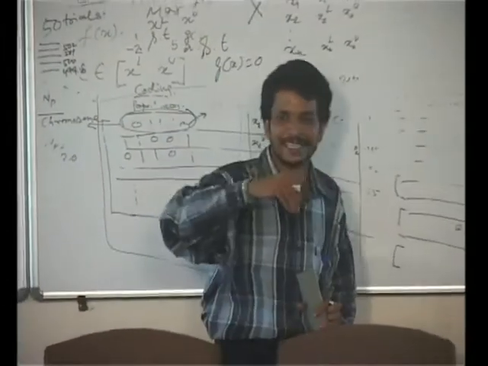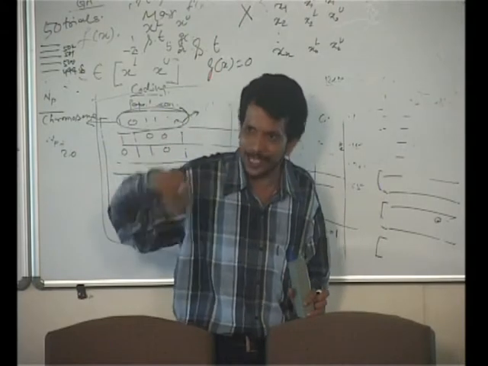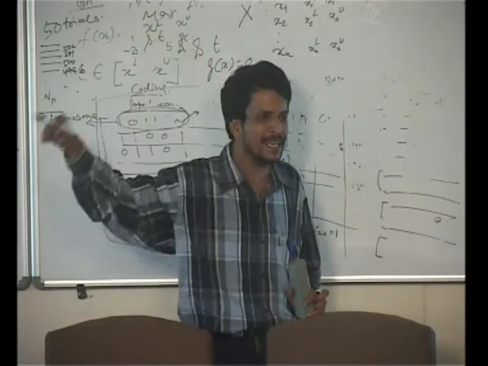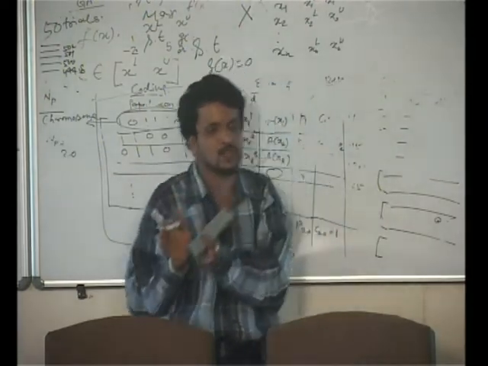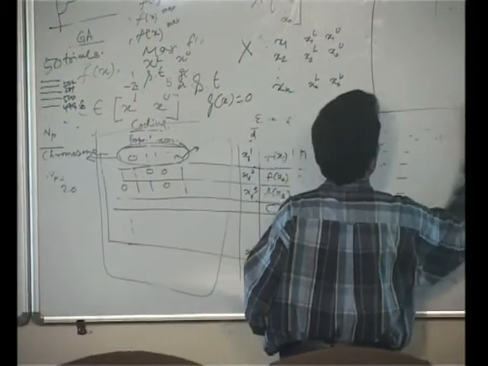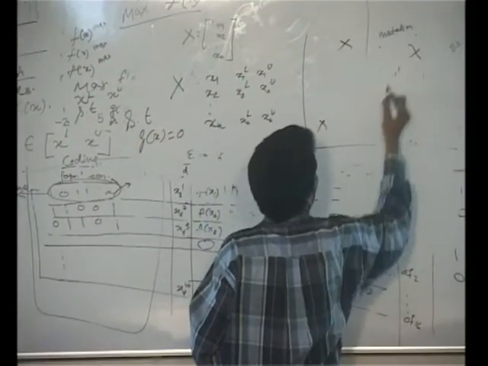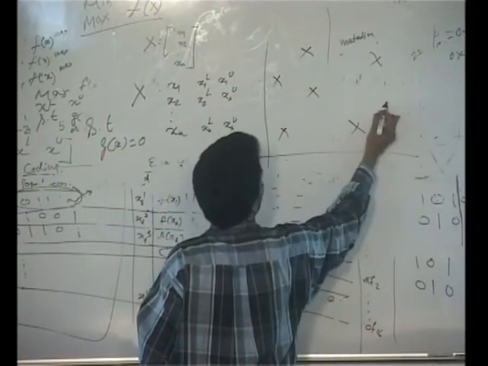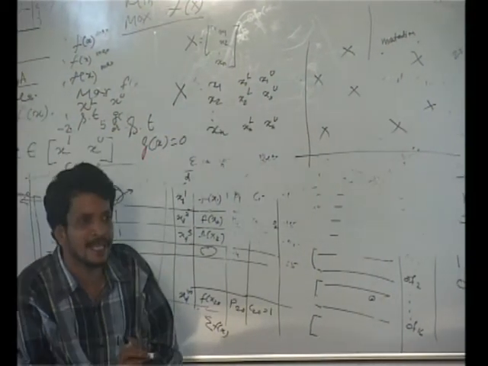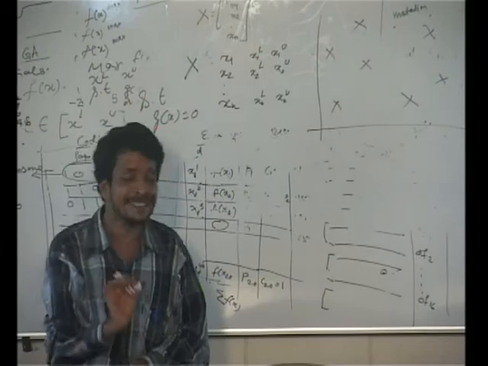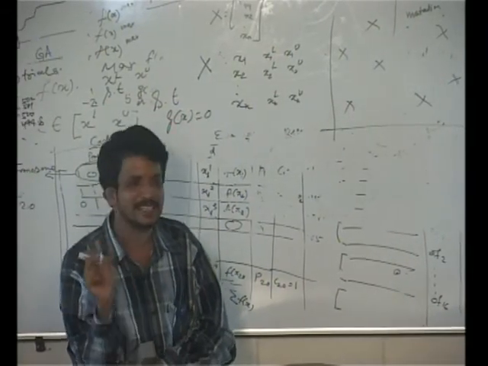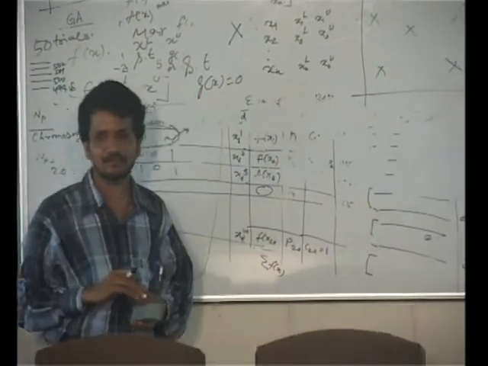So initially I know the ranges of x1, x2, x3, and I generate 20 particles randomly, having x1, x2, x3 values in those ranges. These are the initial positions of the 20 particles of the swarm, which are generated randomly. Remember, these are generated randomly.